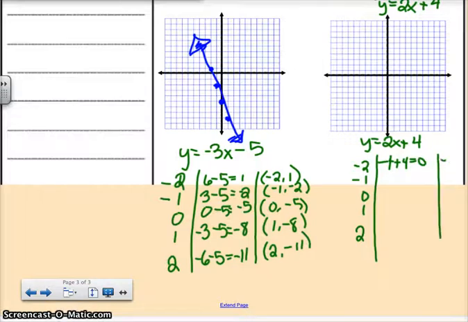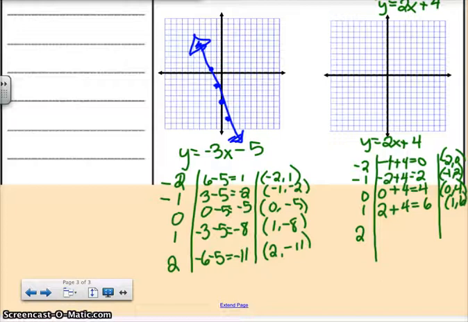So I have the point -2, 0. 2 times -1 is -2 plus 4, which is 2. -1, 2. 2 times 0 is 0 plus 4, which is 4. So I have the point 0, 4. 2 times 1 is 2 plus 4, which is 6. 1, 6. 2 times 2 is 4 plus 4, which is 8. So I have the point 2, 8.